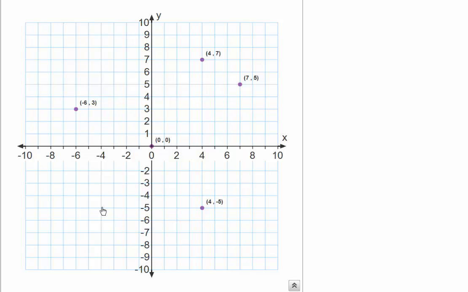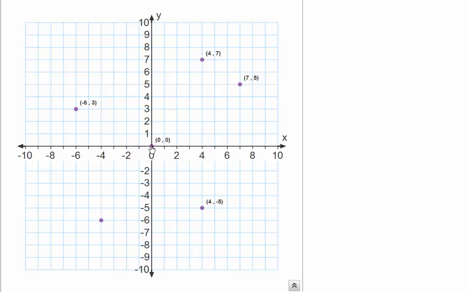If I draw a point here, what quadrant is it located in? Again, this is quadrant 1, quadrant 2, quadrant 3, and quadrant 4. So this point would be located in quadrant 3. Can you tell me what its coordinates would be?